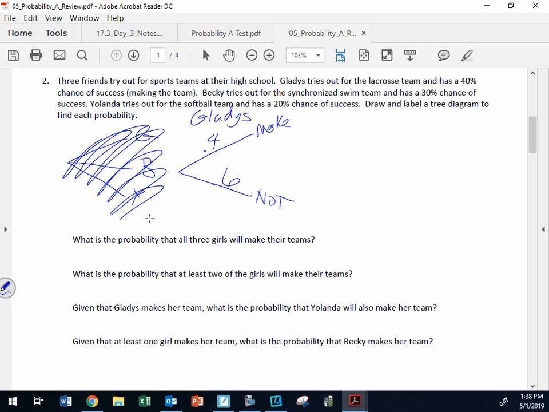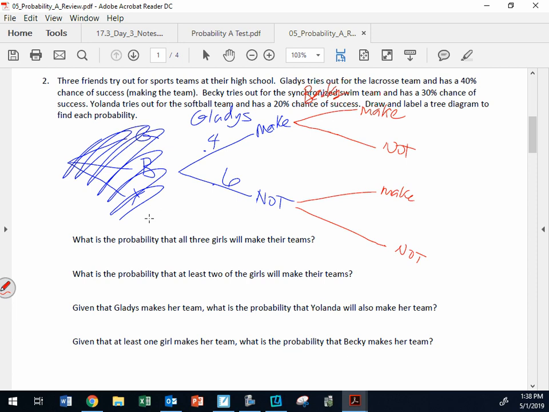Then I hope you've got the ability to zoom in because this is going to get a little intense. The red ones are the next kid either making or missing the team. And that's Becky. So the red is Becky. And make and not. Make and not.